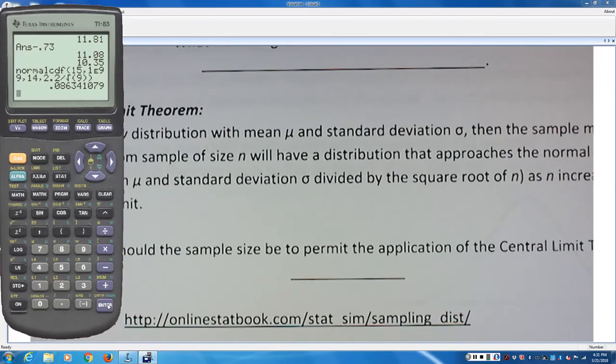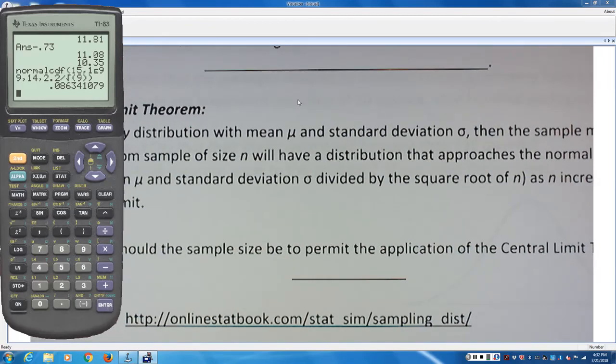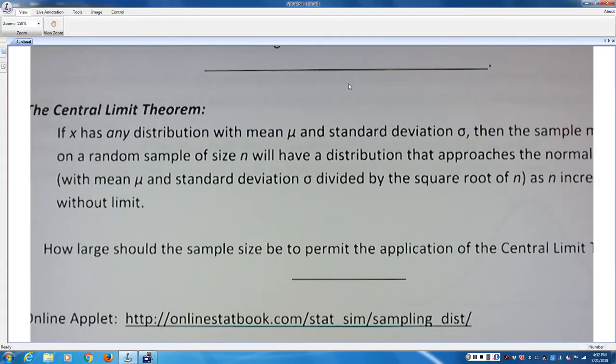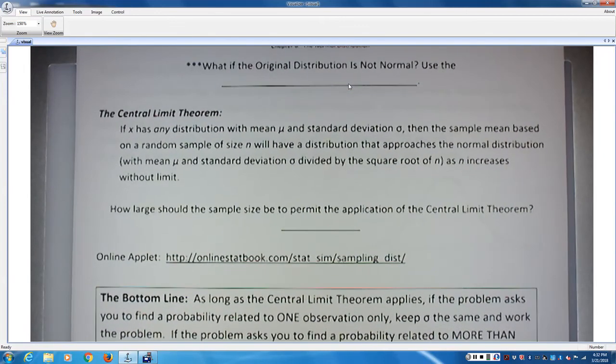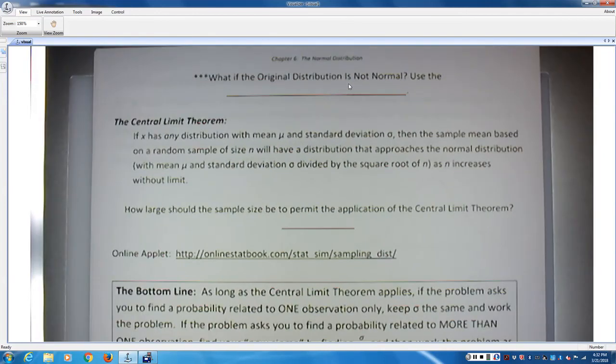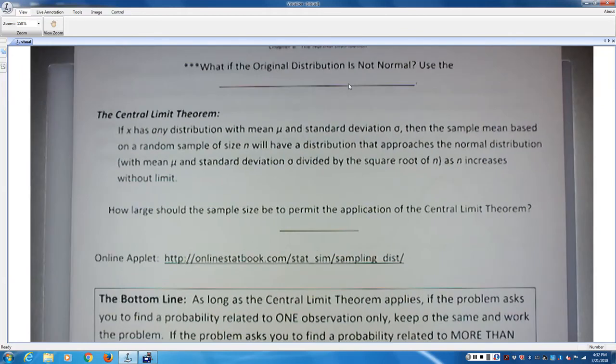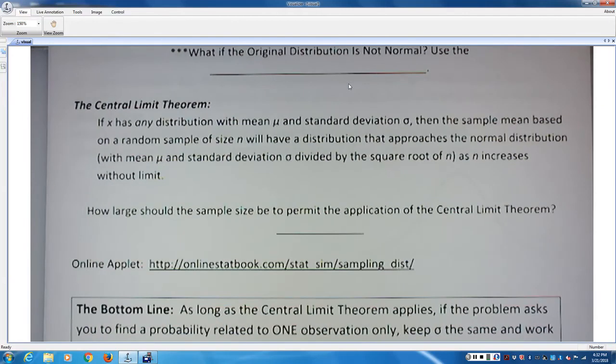So this is what the central limit theorem says. And you'll be able to finish your last homework after this.